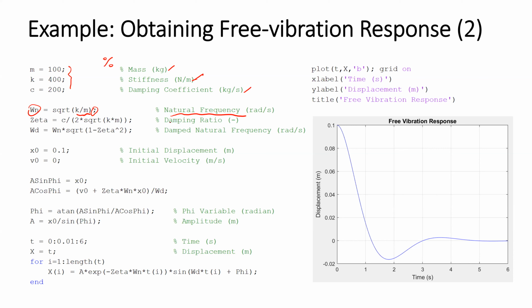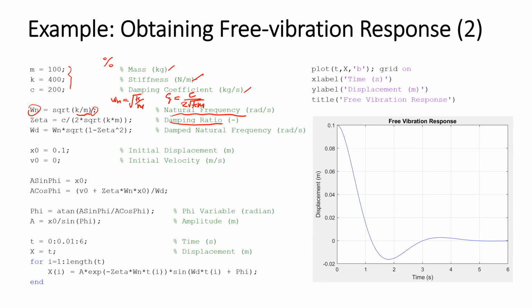The damping ratio. The natural frequency is the square root of k divided by m. The damping ratio is equal to the damping coefficient divided by 2 square root of km.